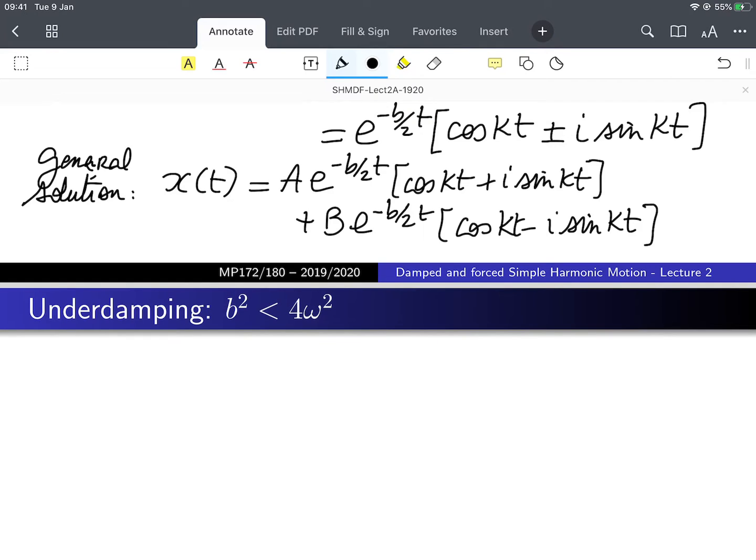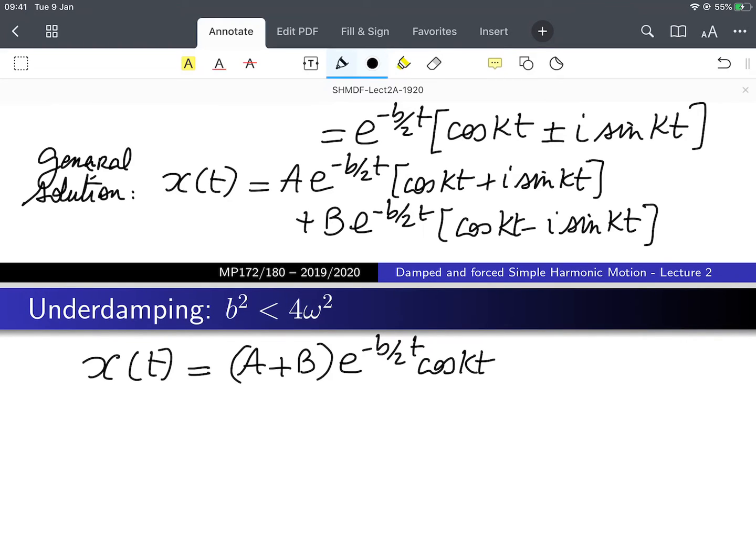I see common terms, right? I can regroup the terms that are in cos. I have A plus B times exponential of minus b over 2 t times cos kappa t.